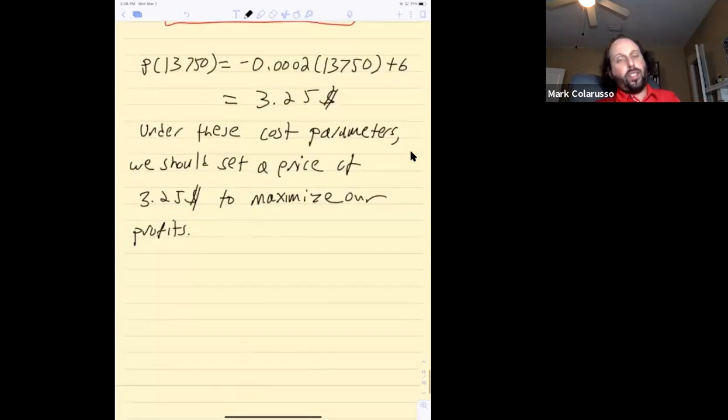All right, so I think this is kind of fun. You can see how in real life these are complicated questions. You set a certain price, and people only buy a certain number of hot dogs. If the price goes up, they're going to buy less. If the price goes down, they'll buy more. But then what's the right balance to get the most revenue? And then you have how much you're paying for the hot dogs.